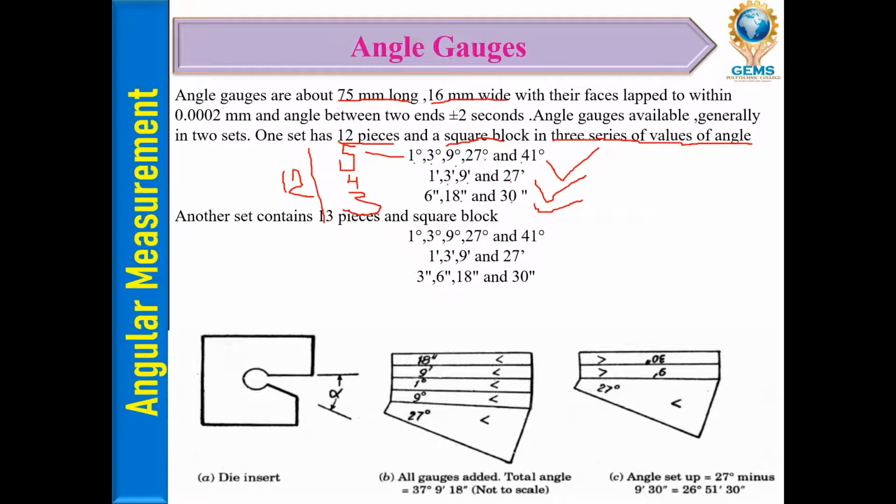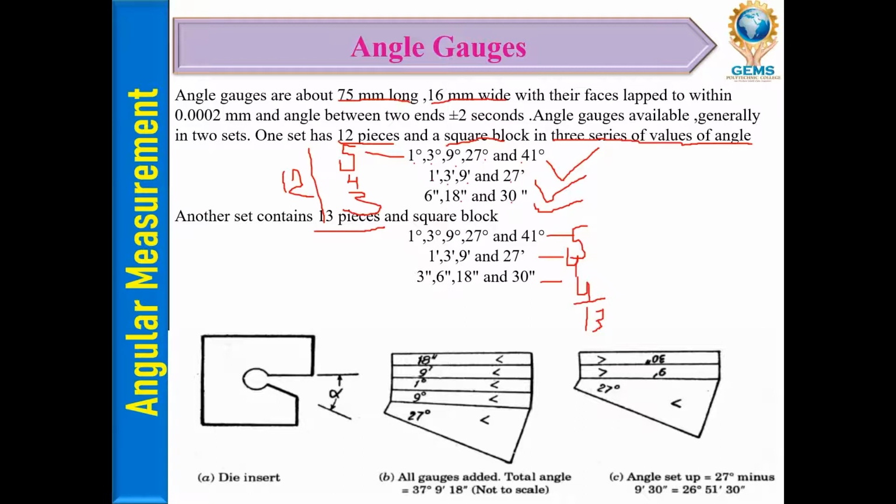If you go for the other set, it gives 13 pieces: 5 for degrees, 4 for minutes, and so on. 5 plus 4 is 9, and 9 plus 4 is 13, so the total is 13.